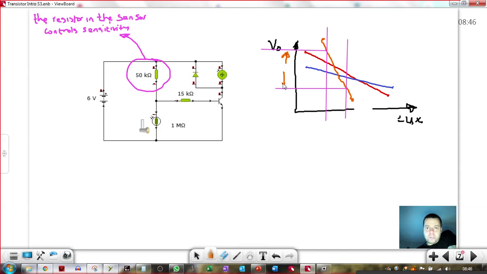For that much change in light level, the orange trace gives you that much change in voltage. Compare that to the same light level change on the blue trace.